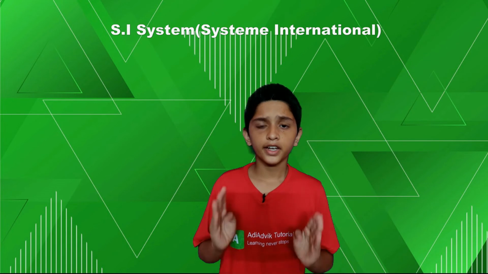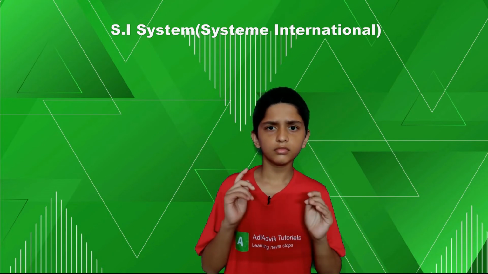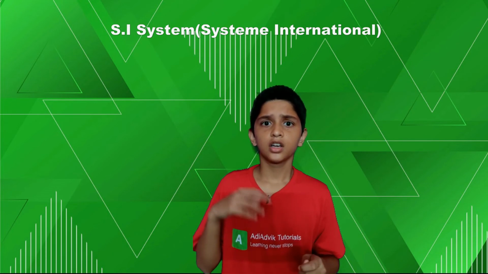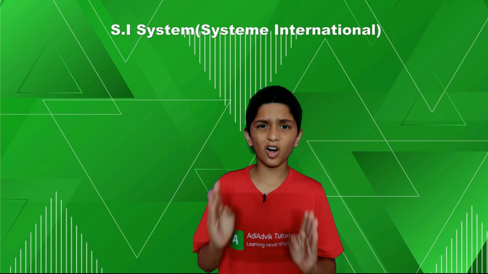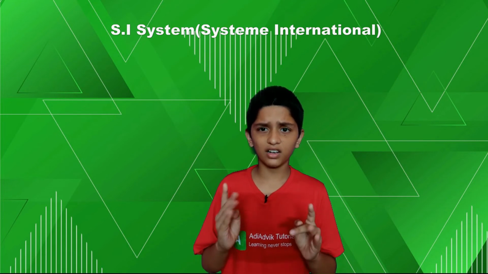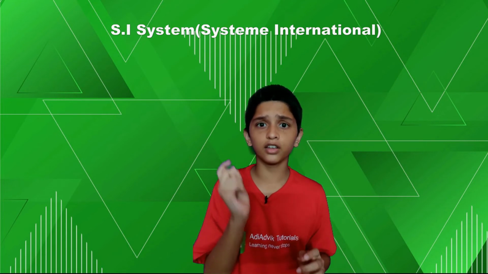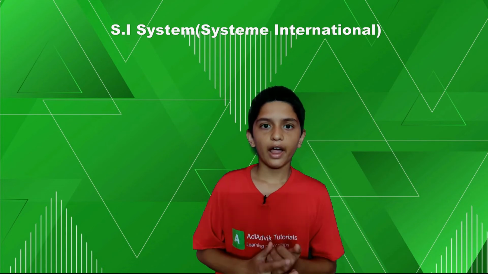Now we use only one type of system which is accepted internationally, the SI system or Systeme International. Systeme International is the system which is accepted worldwide, and it is common. It uses only one unit for each quantity, and that is the SI unit.